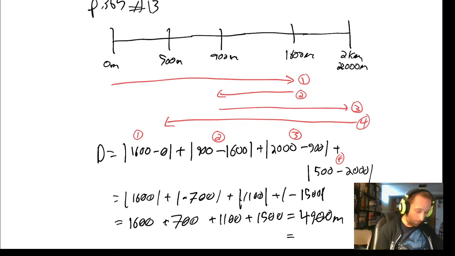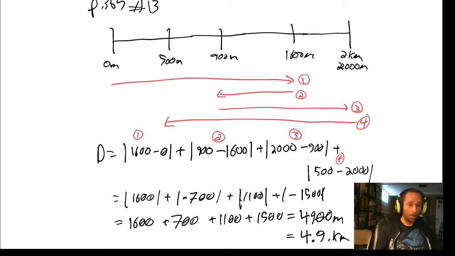And it asked for it in meters and in kilometers. So kilometers would be 4.9 kilometers. So that's how we could take a word problem, rewrite it into absolute values, and then use that equation in order to find our answer.